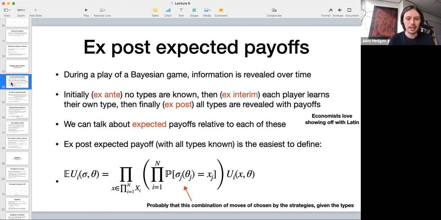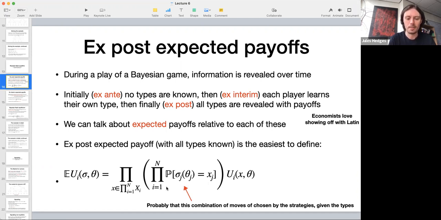The easiest one to define is the ex post expected payoff, which is the one where all types have been revealed. So this is a function of all of the strategies and all of the types. I've defined this for mixed strategies.